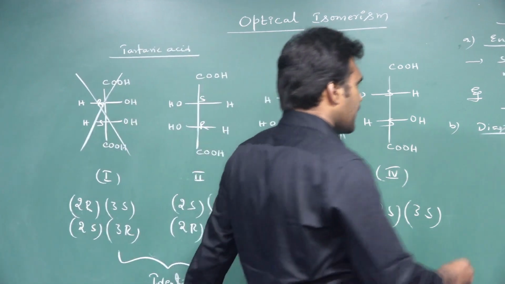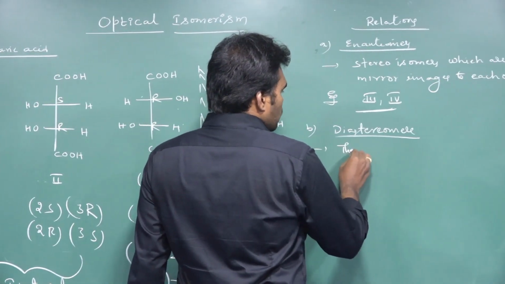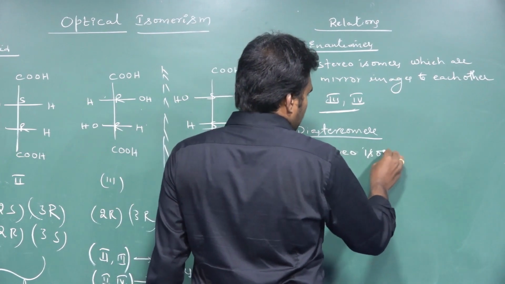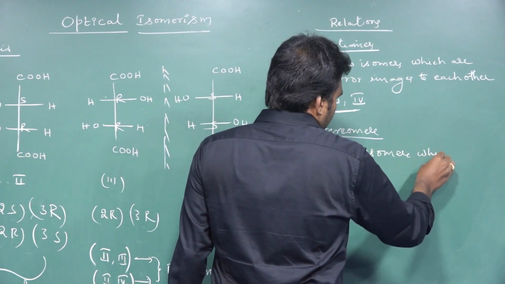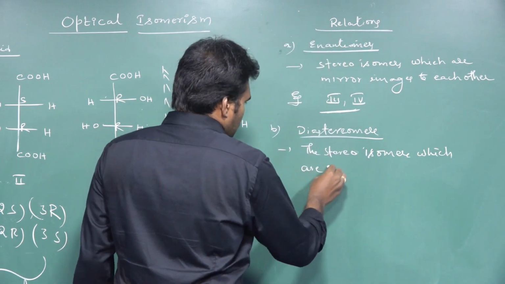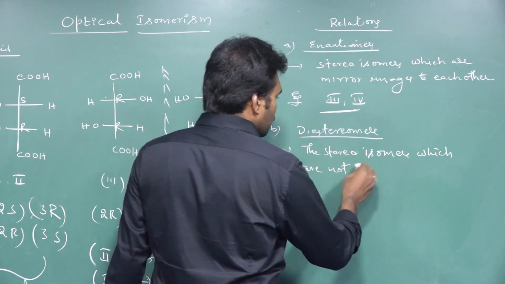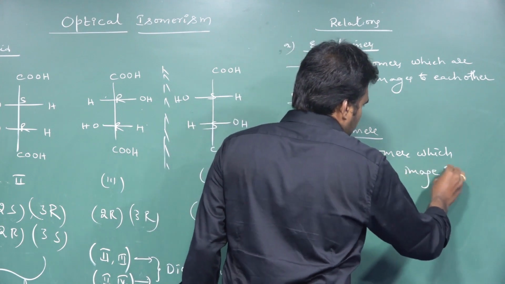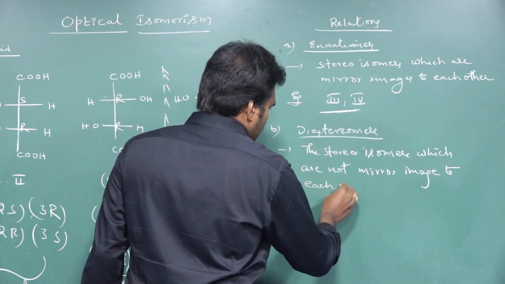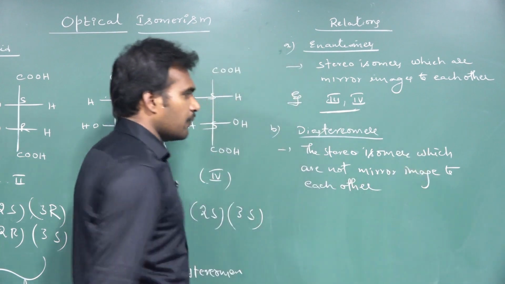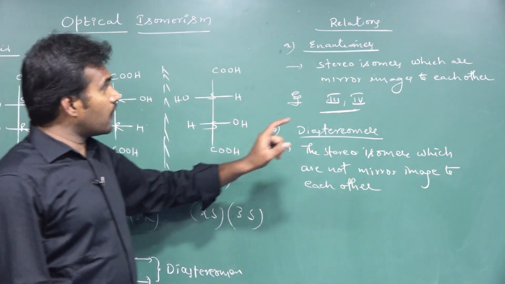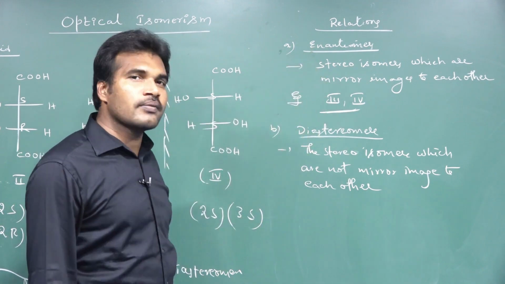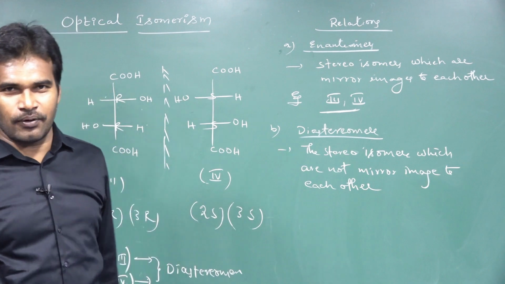So how can we define diastereomers? The stereoisomers which are not mirror images to each other. And one more difference: enantiomers show similar physical properties, but diastereomers show different physical properties.